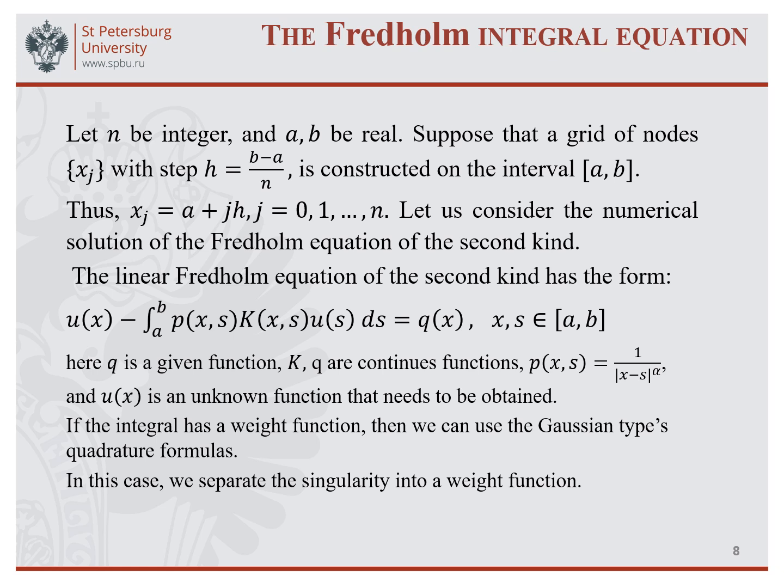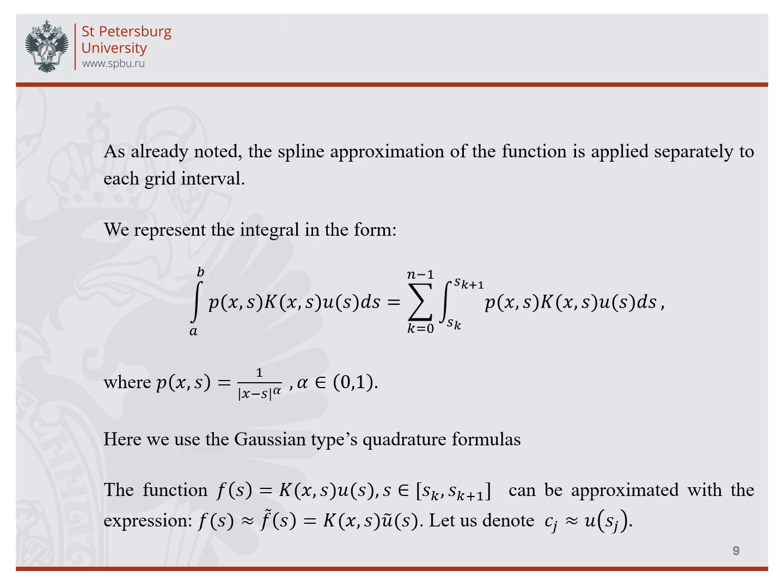The linear Fredholm equation of the second kind has the form. Here f is a given function, k is a kernel, and u is an unknown function that needs to be obtained. As already noted, the spline approximation of the function is applied separately to each grid interval.